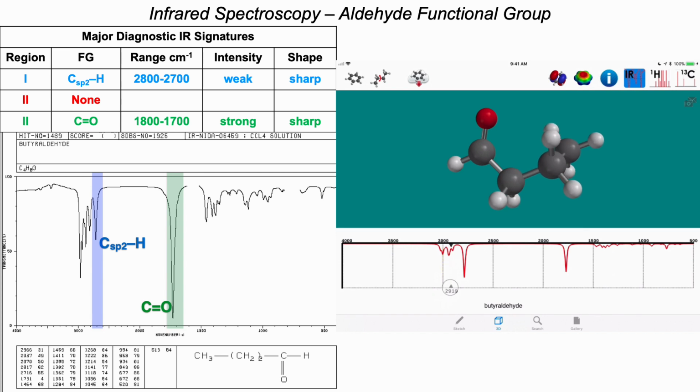There's your alkane CH stretching, different vibrational modes. Now we're off into that aldehydic CH stretch, very intense.